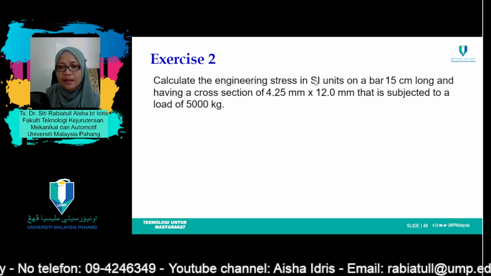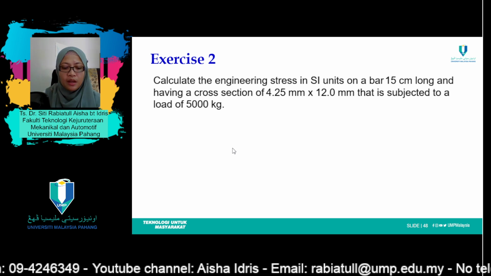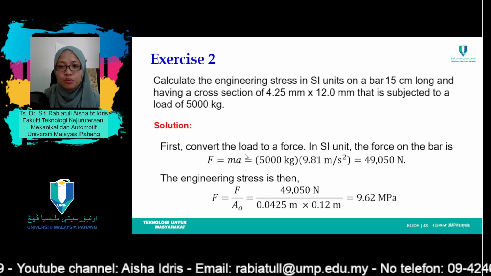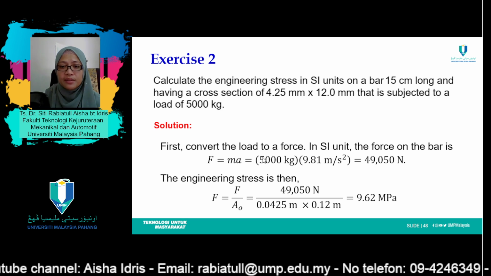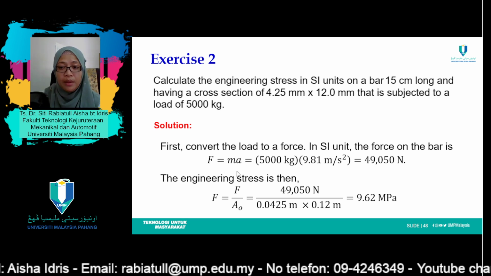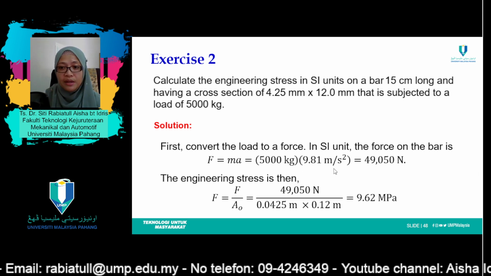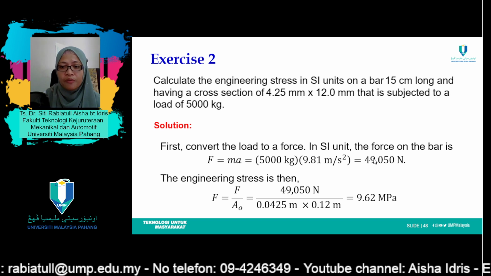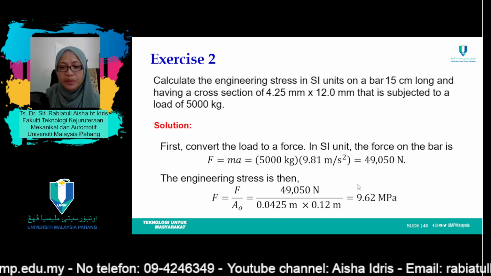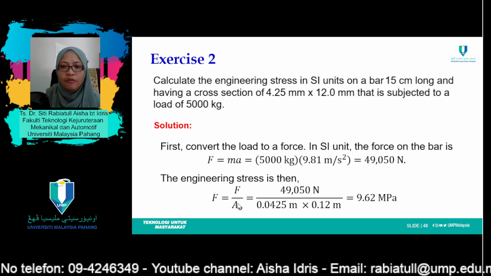So basically this shape is a rectangle, and the first thing that you need to do is convert the load to a force in SI units. The formula given is F equals to MA, and just substitute all the information into the formula, then you should be able to get the value of force equals to 49.05 kilonewton. After that, just substitute into the formula of stress.